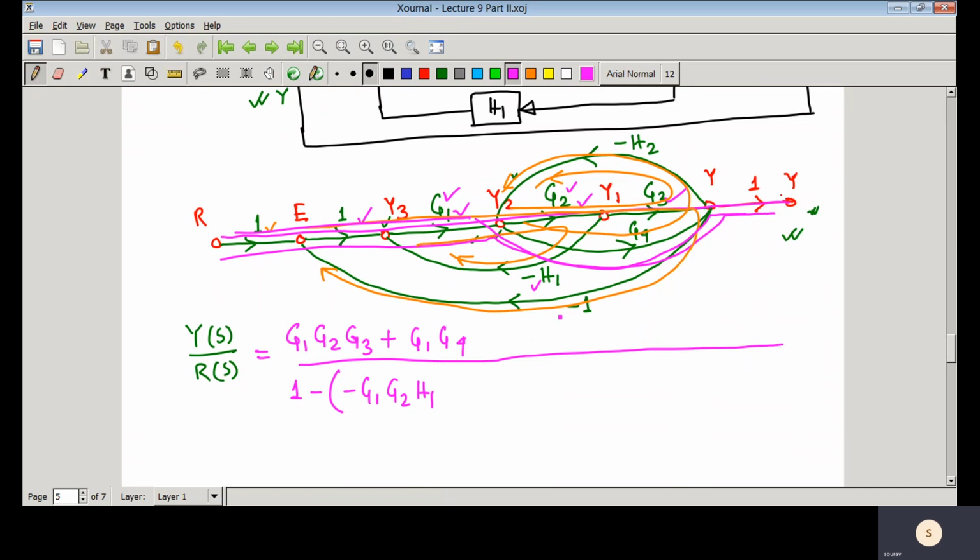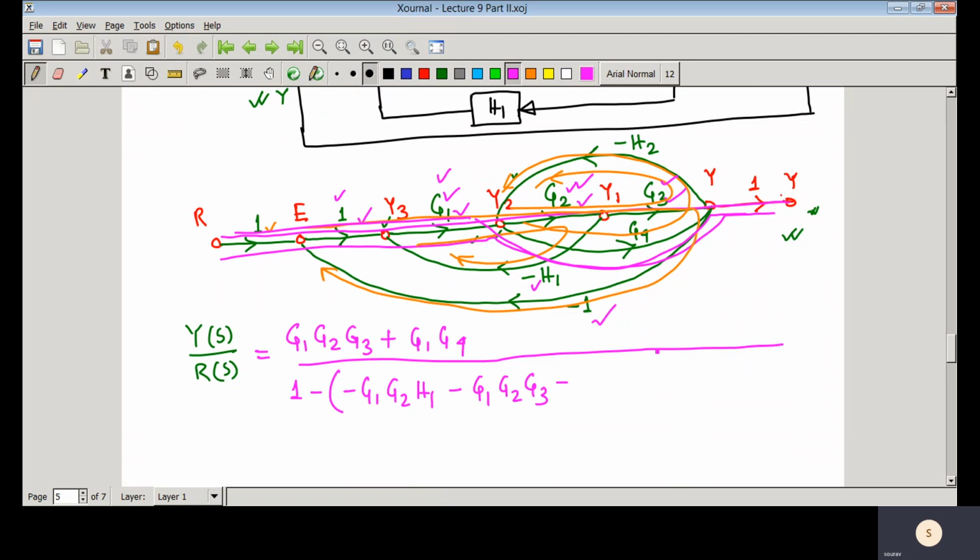The second one is G1 G2 G3, so that is minus G1 G2 G3.